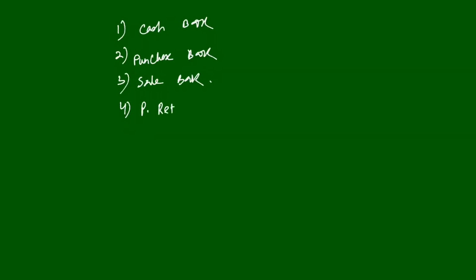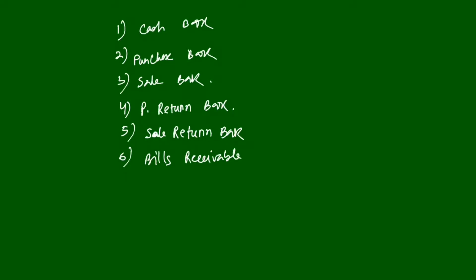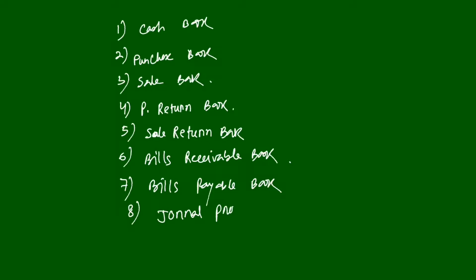The books are: cash book, purchase book, sale book, purchase return book, then sale return book, then bills receivable book, bills payable book, and the last one, journal proper or proper journal.